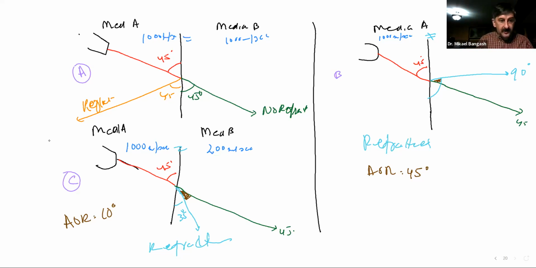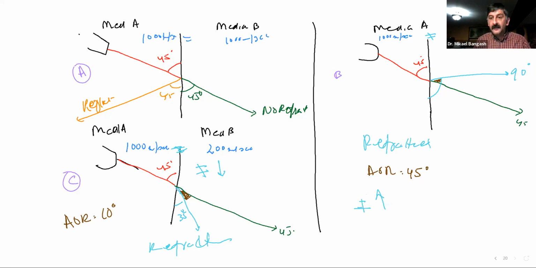Because in accordance to Snell's law, what we see here is that the difference between the two speeds here is lesser, whereas over here, the difference between the two speeds is greater, right? So what does Snell's law say?